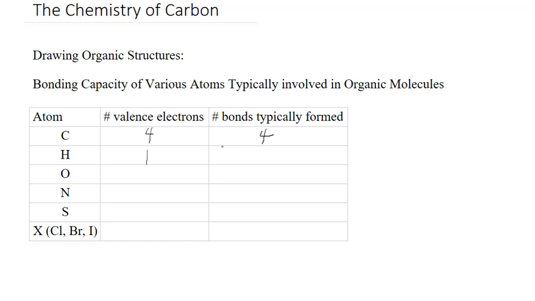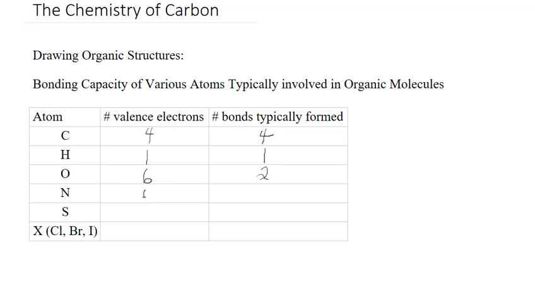Hydrogen has 1 valence electron, and to fill up that first shell with 2 electrons, it will only need to form 1 bond. Oxygen has 6 valence electrons, and so what we'll see is that it will form 2 bonds, and you'll also notice that oxygen will tend to have two pairs of lone pairs of electrons.